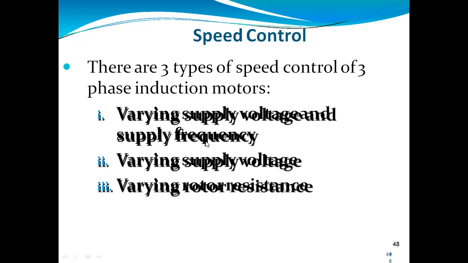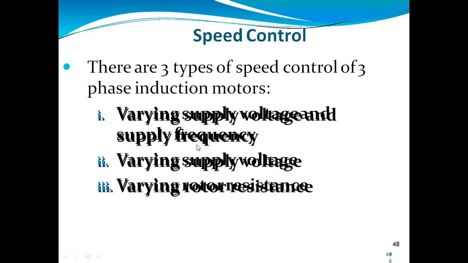Another equation: N equal to Ns(1 minus S). So N is directly proportional to Ns. In short, the speed is directly proportional to the supply frequency.